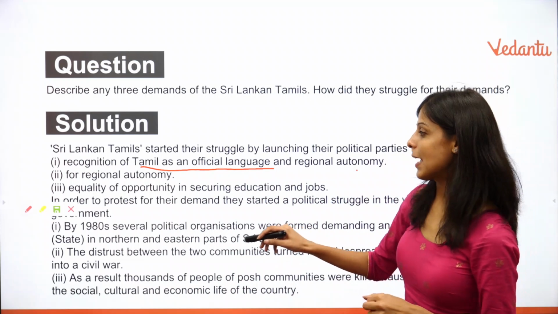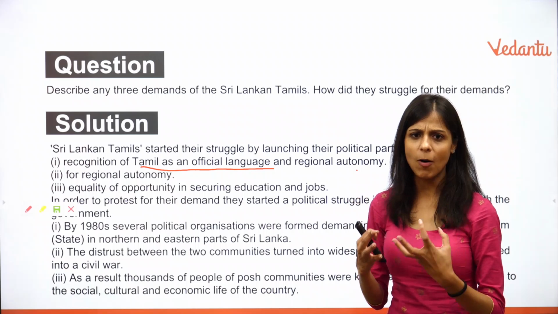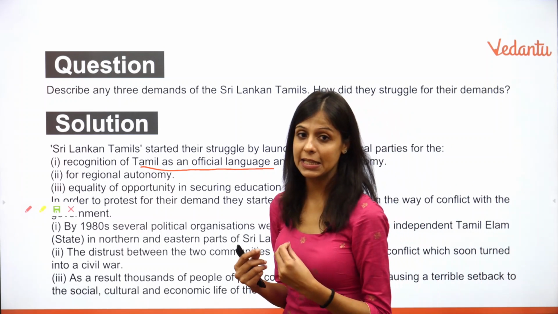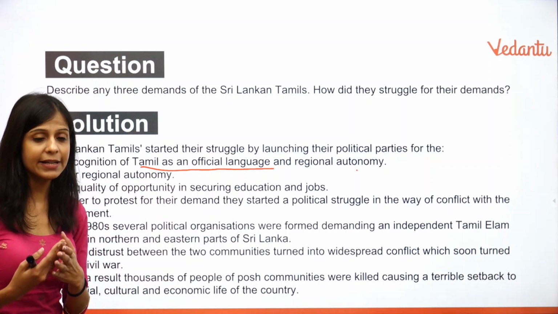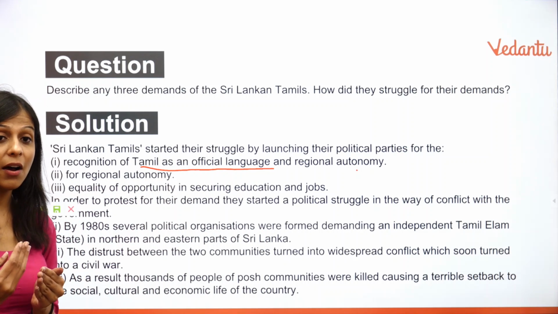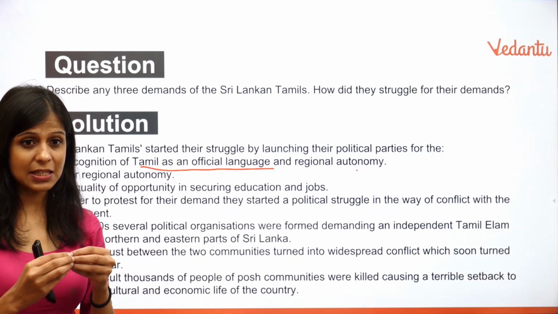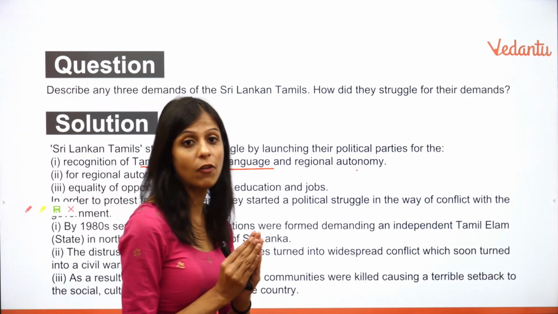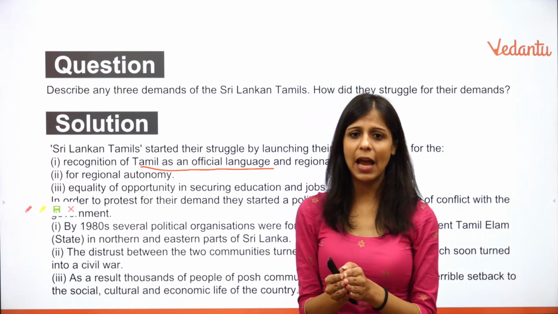So what happened by the 1980s, several political organizations came up and formed a very important organization, that is the LTTE. They wanted to ensure that their rights and claims are respected by the people, and because of this there was a civil conflict, with a lot of loss of life and a lot of casualties.